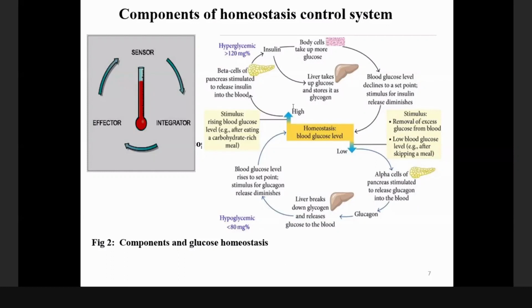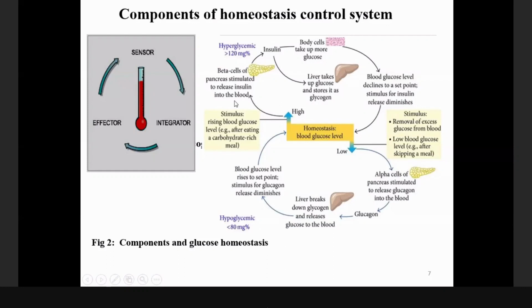Then that increase in the blood glucose level from the normal should be detected by sensors in the pancreatic gland. In the pancreatic gland there are cells, like the beta cell. So the beta cells detect the increase in the blood glucose level, and the beta cell is going to release insulin.